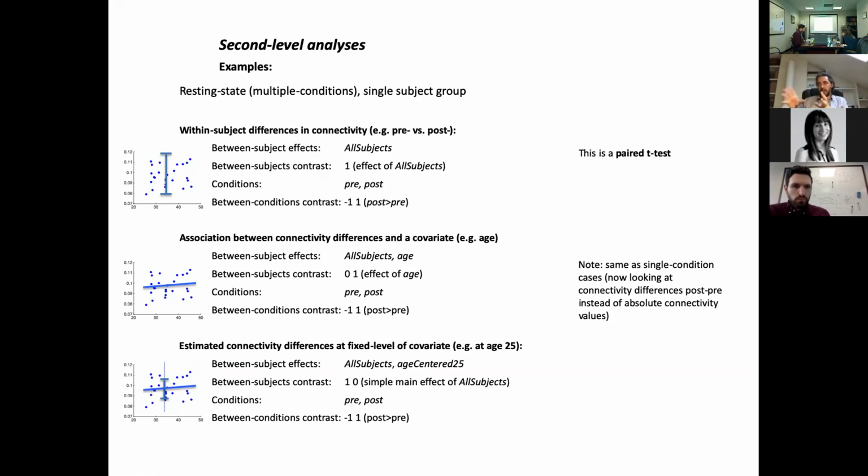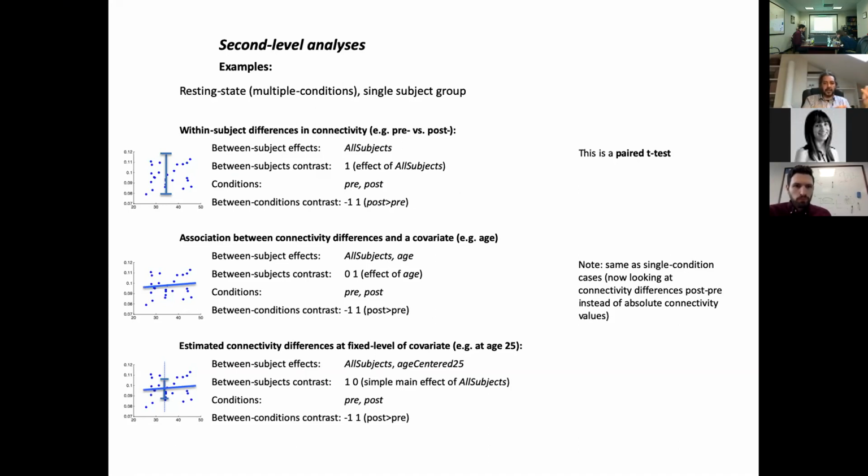This is the beauty of the math behind all of this: a paired t-test is exactly the same as first computing the difference between those two conditions and then performing a one sample t-test. That also works out because, in terms of the contrast specification, the entire contrast that you need to specify to the GLM can be broken down into what contrast you care about across subjects.